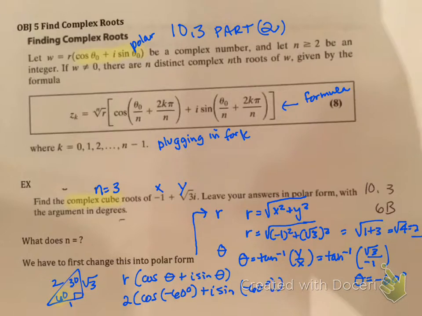I have to apply the even-odd identities. Cosine is even, sine is odd. So I get 2 times cosine of 60 degrees minus i sine of 60 degrees. Now I'm in polar form, and now I can use my formula. So that's the next step.